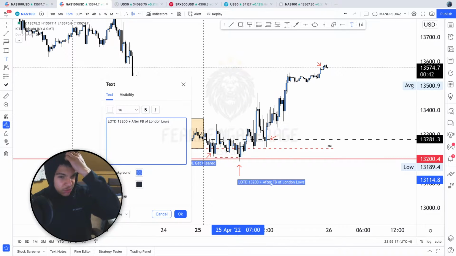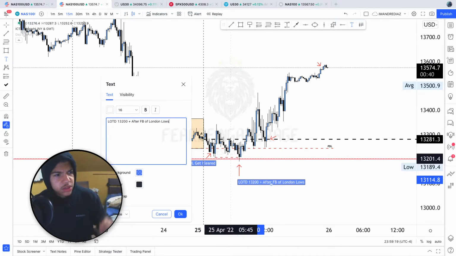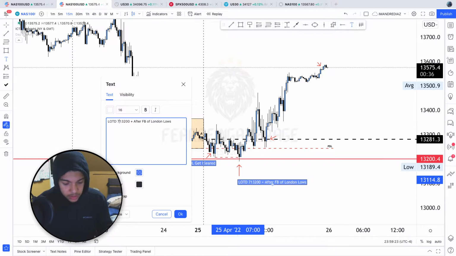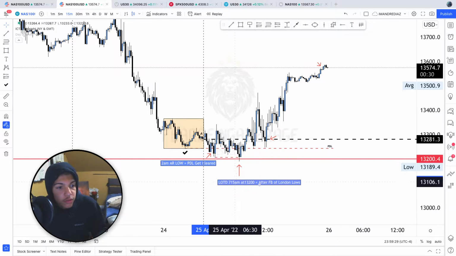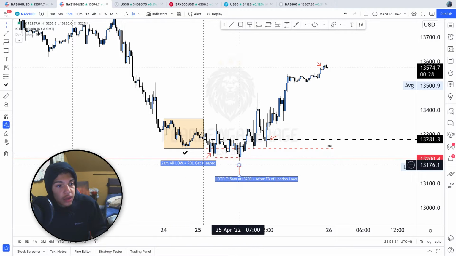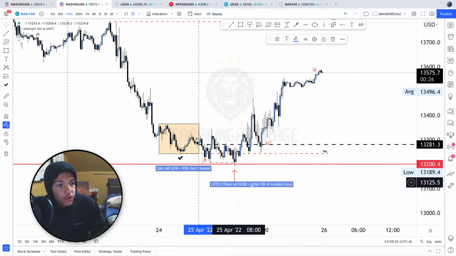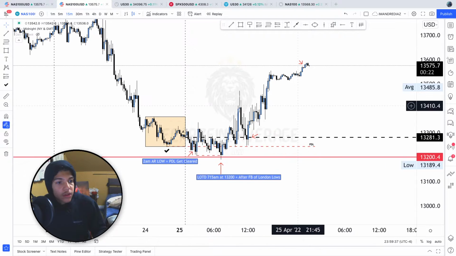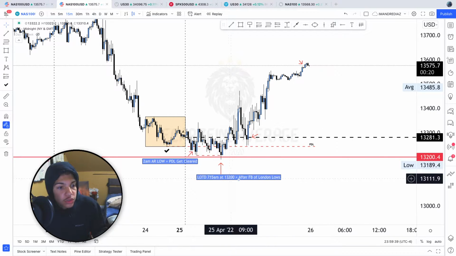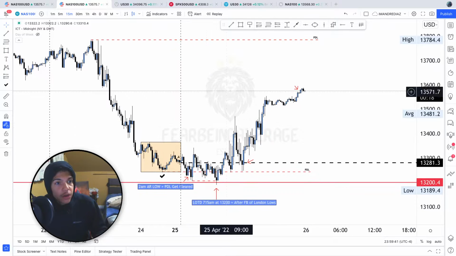At this point, there wasn't really other confirmations, so we just have the low of the day, 7:15 a.m. at 13,200 after having a false break of the London session lows to the left. So that is what we have right here. Hold on, let me fix this. Just like that. 7:15 a.m. 13,200 low of the day, and then from here, this is going to be an area in which I want you guys to be paying attention to.